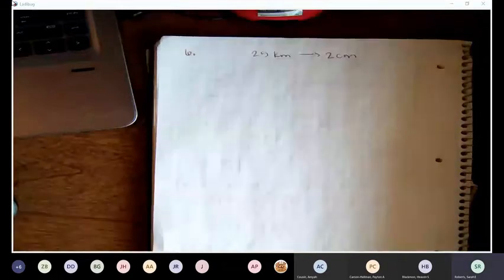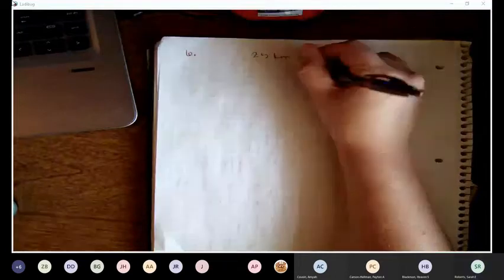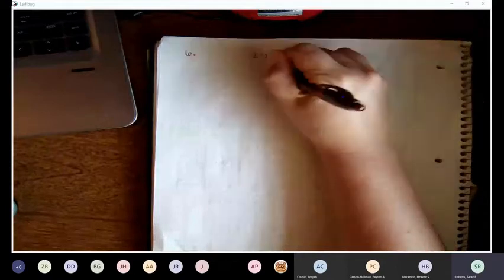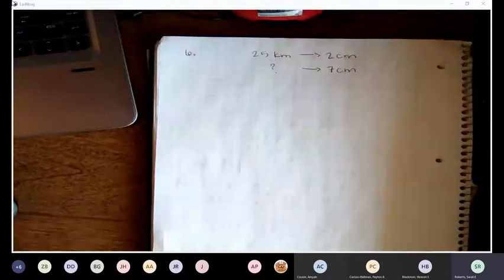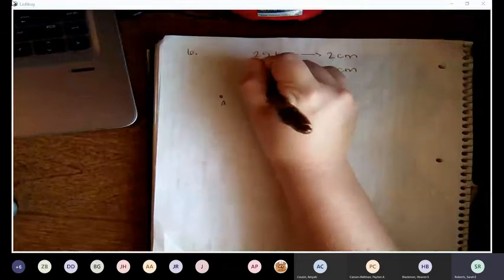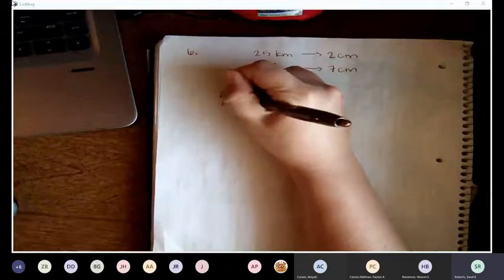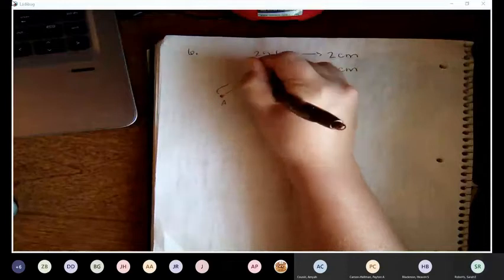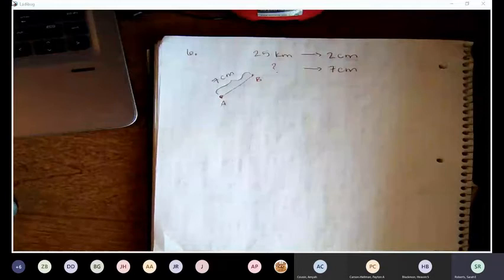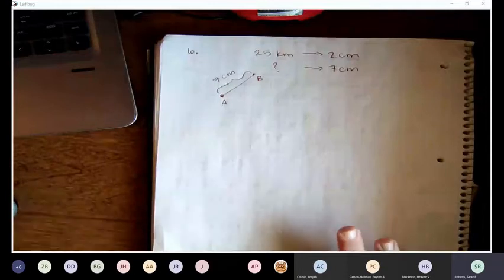If 2 cities are 7 centimeters apart on the map, what is their actual distance apart? Okay, so maybe we have city A and city B. And so on the map, this distance right here is 7 centimeters. They're asking us to figure out what the actual distance between city A and city B is.